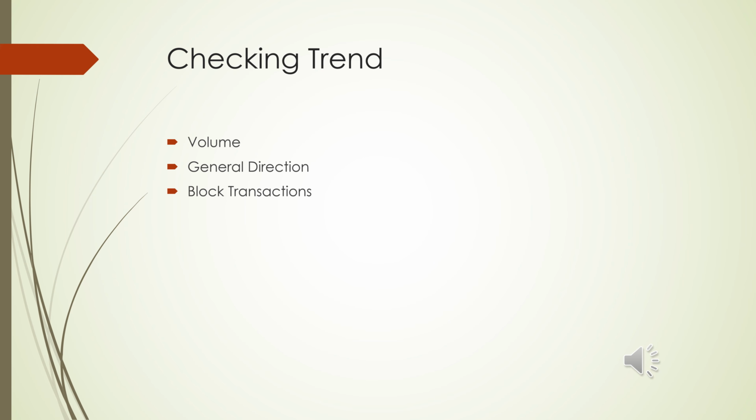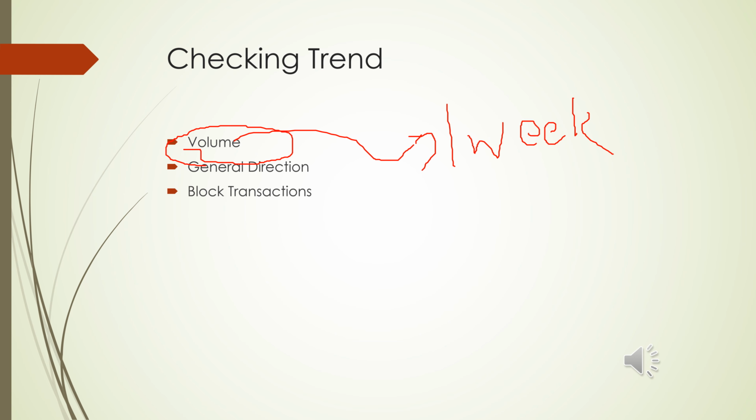Now the question comes: how can we check the previous trend? For this we can see what was happening in the market over the last 1 week, and what was happening in the last day, and this has to be calculated with volume. From there we have to see if there is any major news floating around, whether there were any block transactions happening, and whether there is any OPEC meeting or something going on.